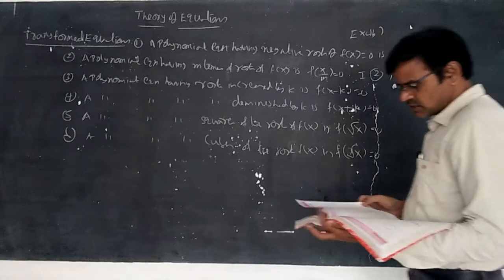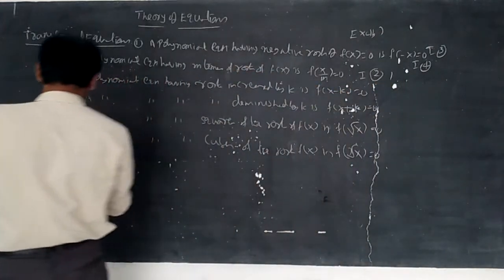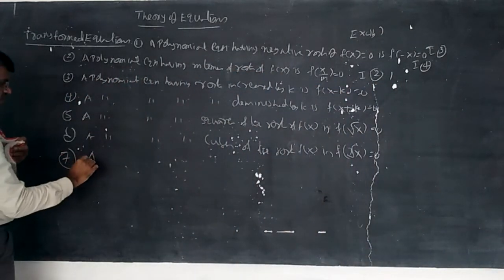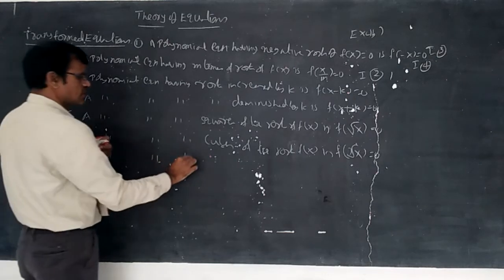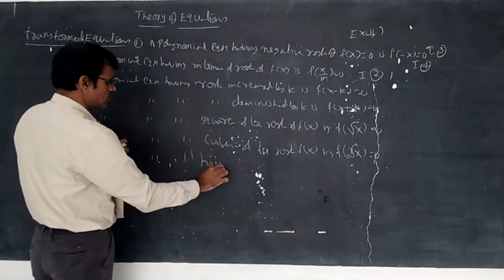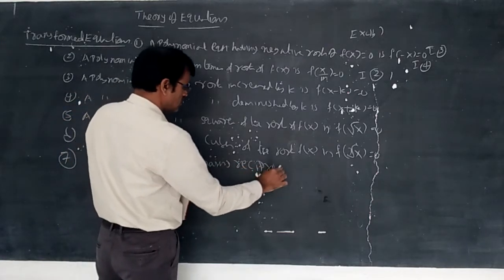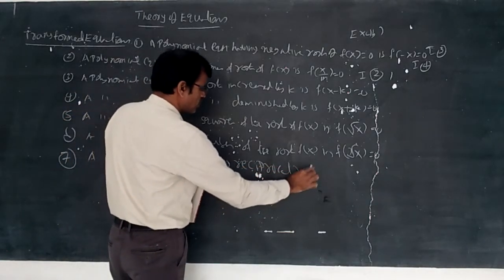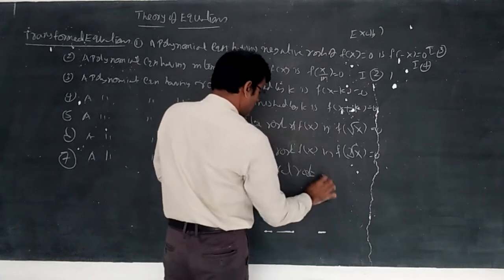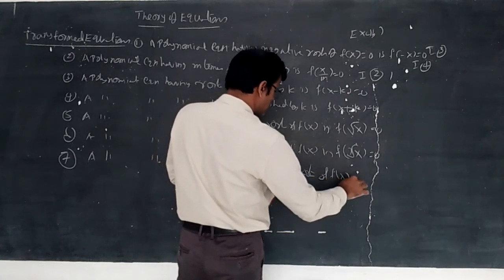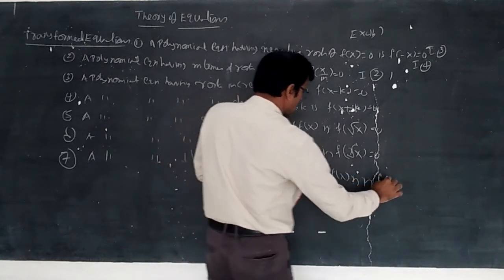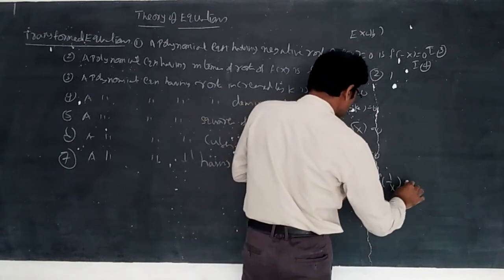Next, reciprocal. A polynomial equation having reciprocal roots of f of x equal to 0 is f of 1 by x equal to 0.